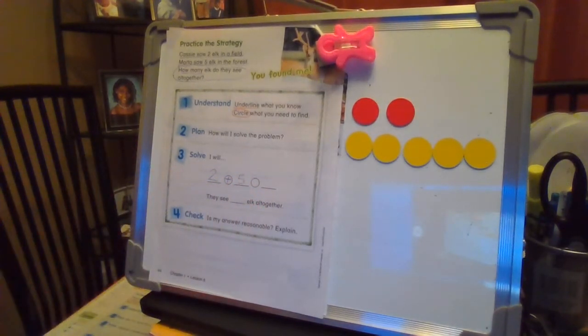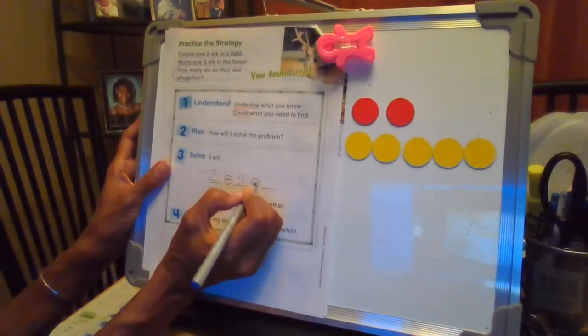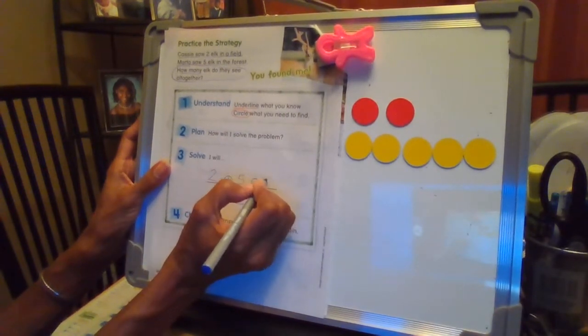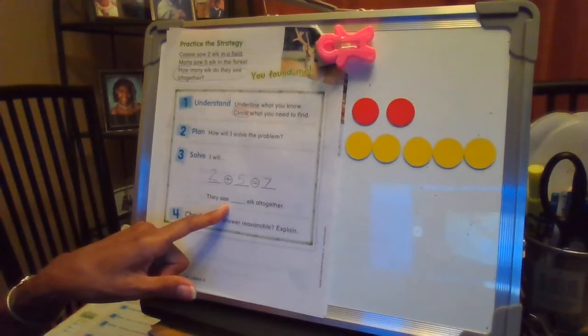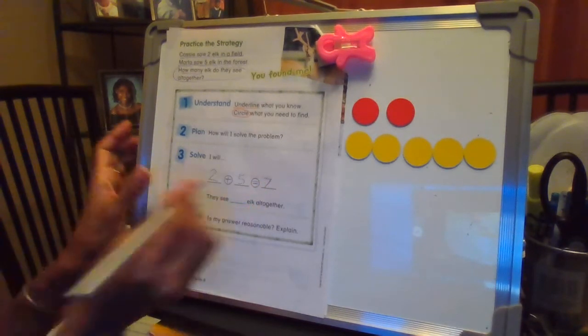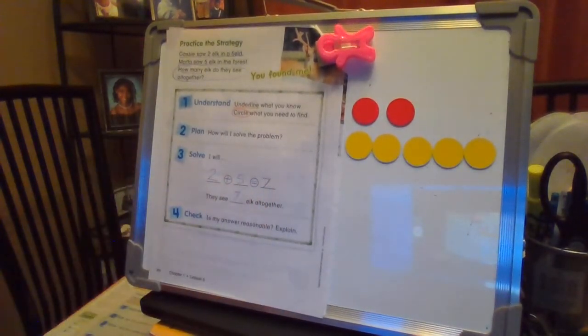Okay, how many did they see all together? So 2 plus 5 is the same as saying 7. Okay, I'm trying to make this darker for you. Okay, they see 7 elk all together. So I write the number 7. Hope you can see that.